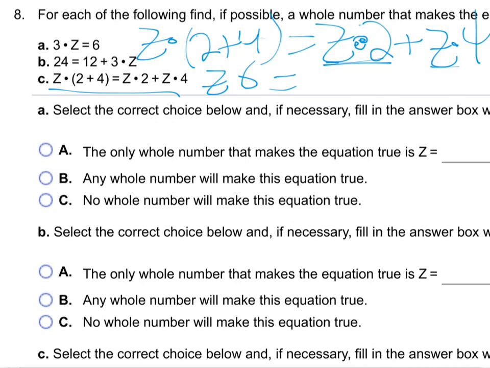And what's the other side? 2Z and 4Z? 6 times Z. Doesn't matter if you put the 6 in the front or the back. They're both 6 times Z. Those are going to be equal for any Z you want to put in there. Am I making any sense there? So if this was option C, you would say any whole number will make that true.